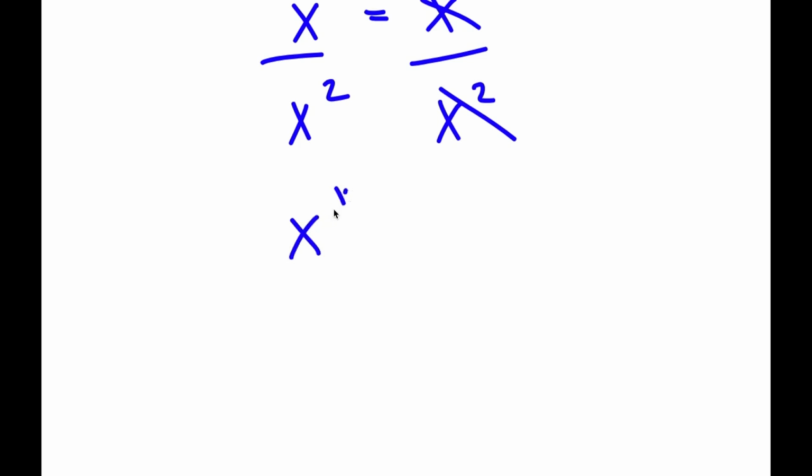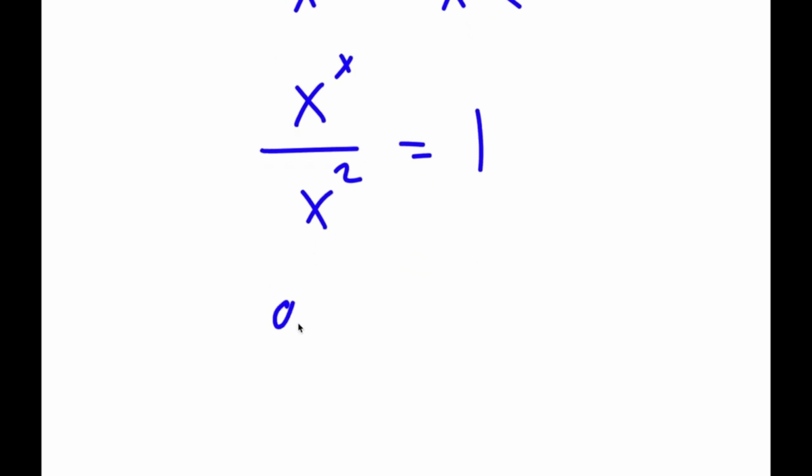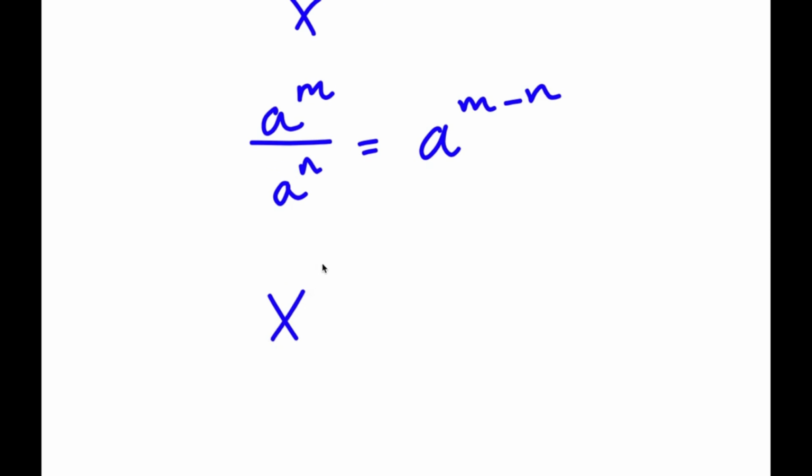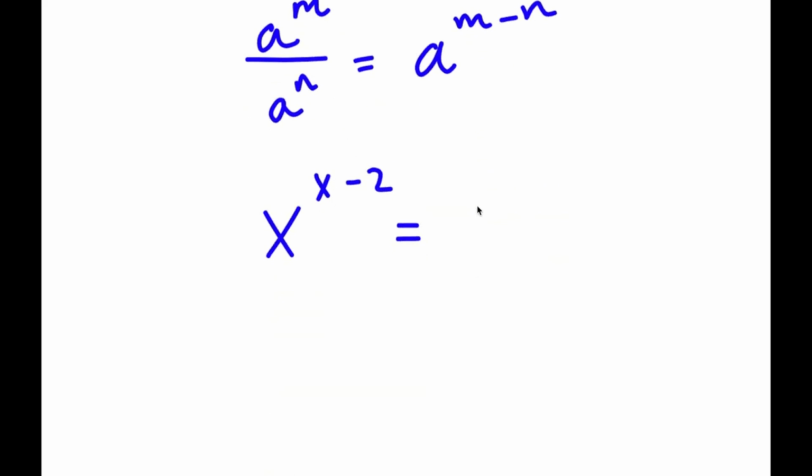So now I have x to the power of x over x to the power of 2 is equal to 1. Now, if I have something in the form a to the power of m over a to the power of n, this is equal to a to the power of m minus n. So x to the power of x over x to the power of 2, that's equal to x to the power of x minus 2, which is equal to 1.